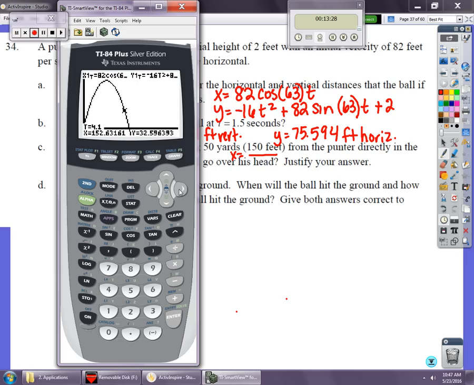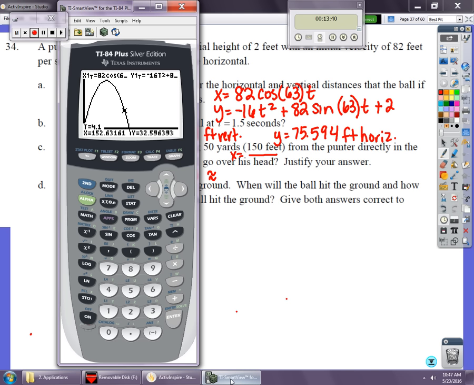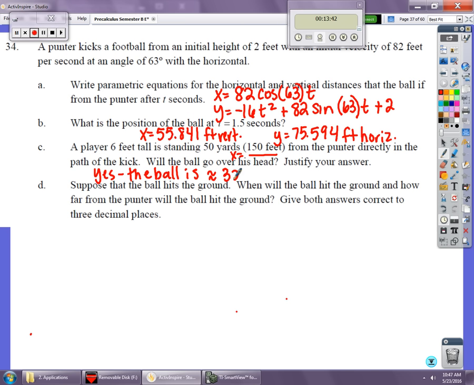Do you see that? So that's going to definitely go over the guy's head. So the ball is approximately 32 feet high. So that is going over that dude's head.